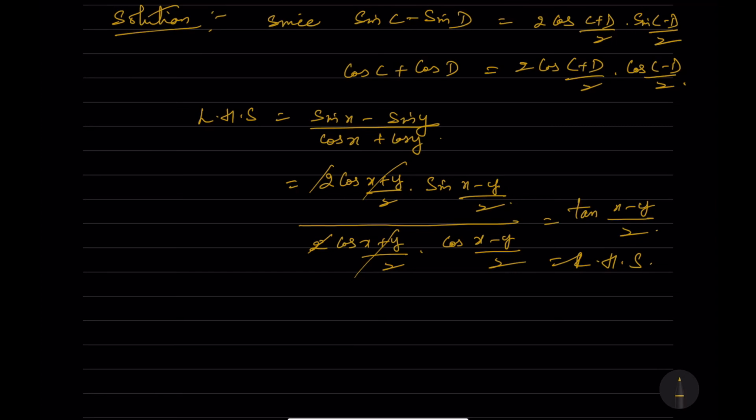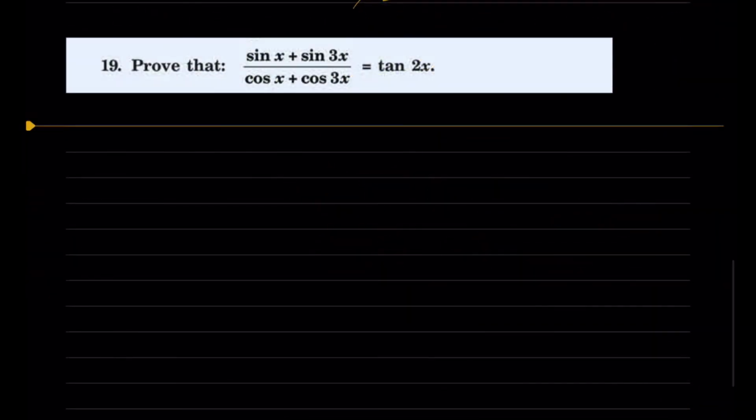Prove that (sin x + sin 3x) by (cos x + cos 3x) is equal to tan 2x.